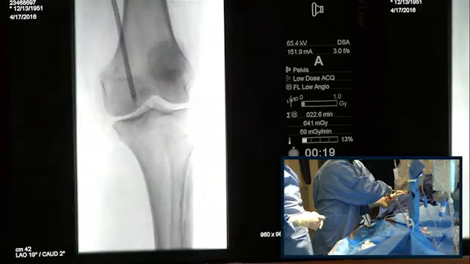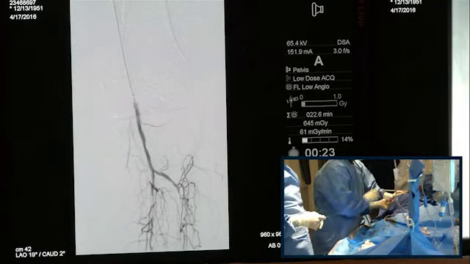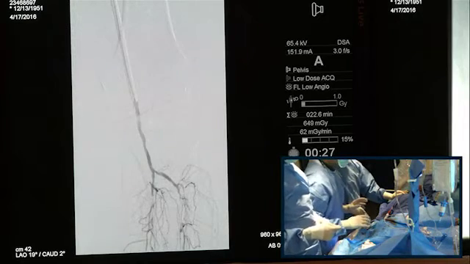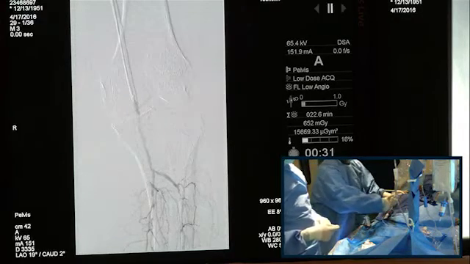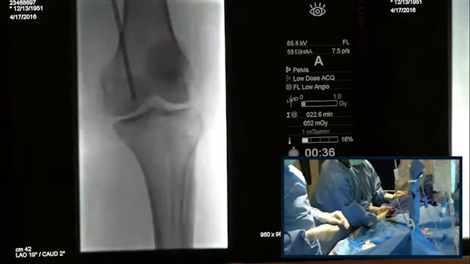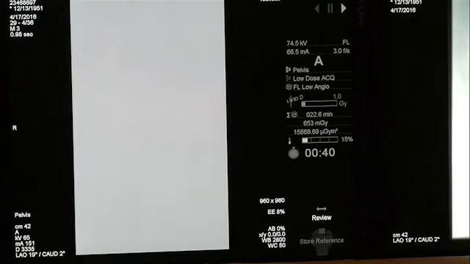Can you hear me now? Yes. So basically no fistula from below the knee. Can you hear me? You are still breaking up. Can somebody fix this?